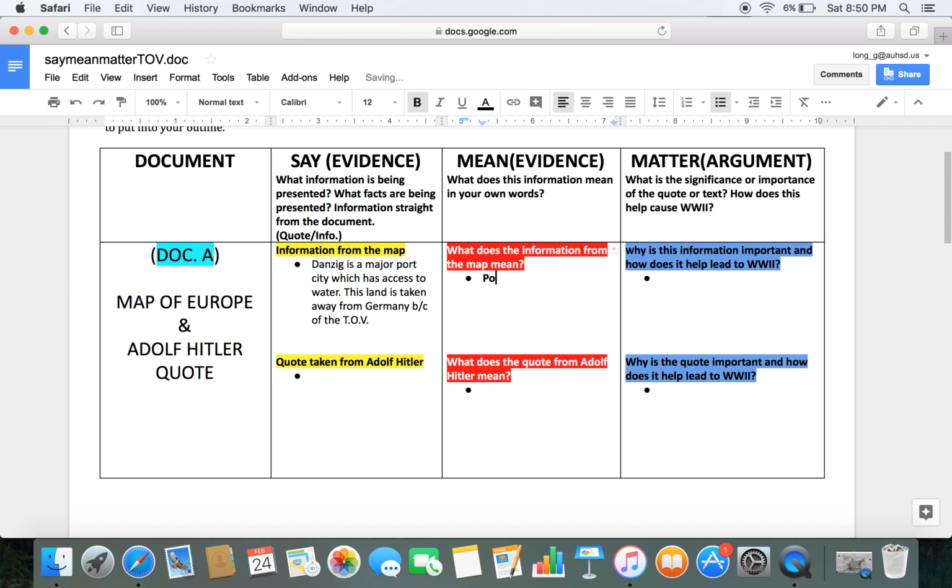Well, we know that it is a port city, which equals trade, which equals money, that Germany loses because they no longer control it.